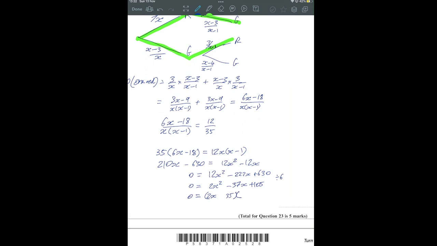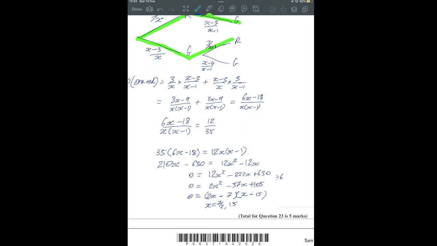What else is 105? 105 is 7 times 15. 7 times 15, yeah, that works. So if I need a 7 and a 15, 2 times 15 makes 30, and another negative 7.